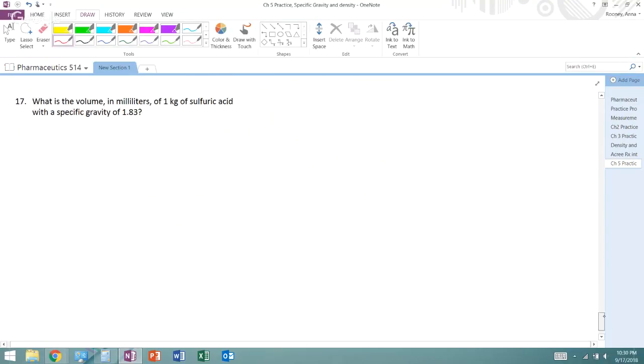And then I believe this is the last one. This is the volume in milliliters of 1 kilogram of sulfuric acid with specific gravity of 1.83.